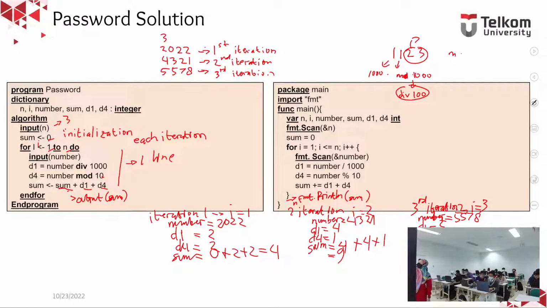Mod 100 and then divide by 10. Okay, so this is to take the third digit. Okay, any other question? If no, you can go to the exercise.